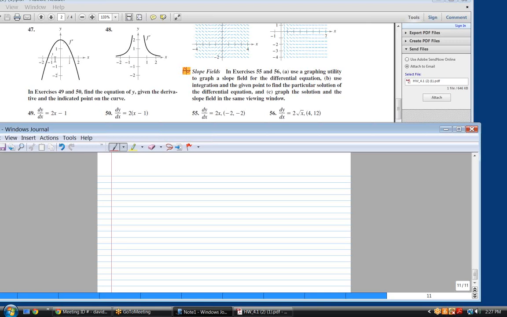What's the equation of that line right there, or of that parabola? So it's a parabola, so it's x squared, and it's been shifted up 2. What else has happened?